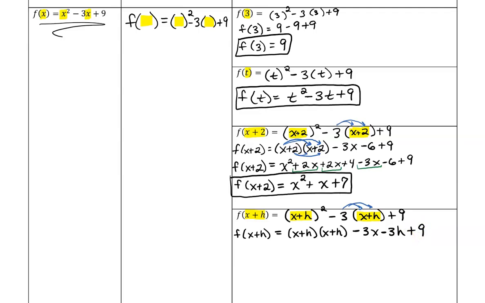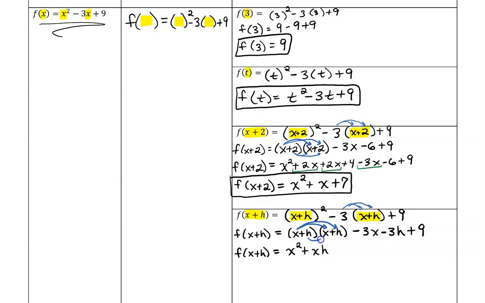Then we'll do our FOIL, distributive property, first term, x plus h, there we go. So first term, x times x is x squared. Outside terms, right? Yeah, the O in FOIL is outside term. So x times h, we're going to say plus xh.